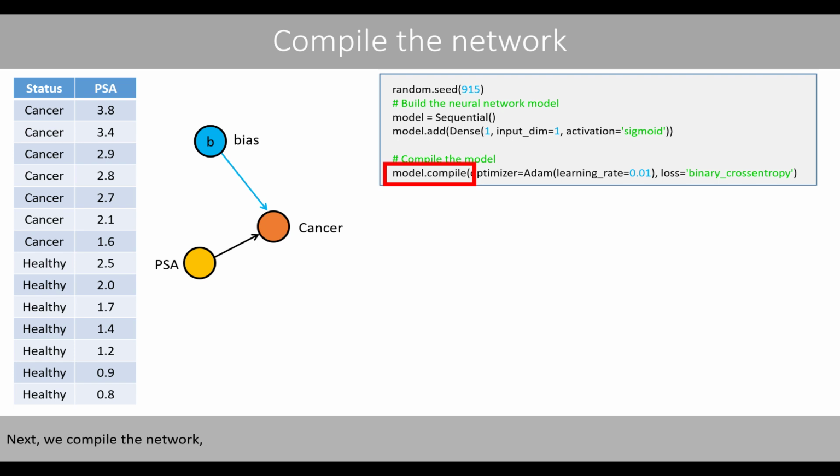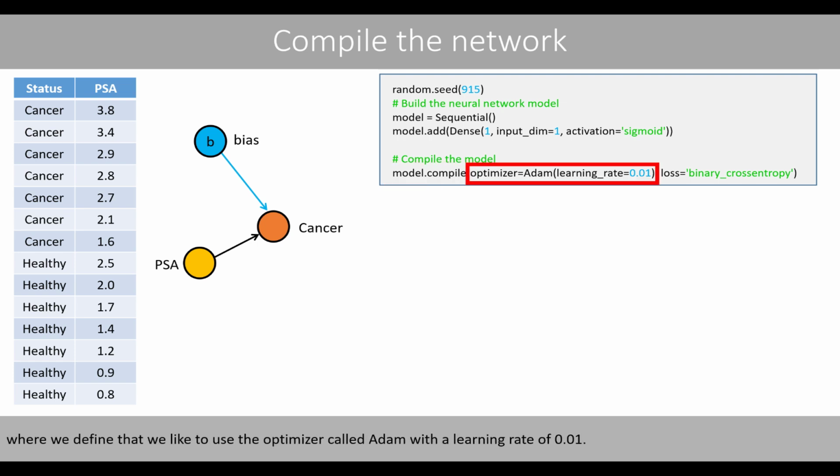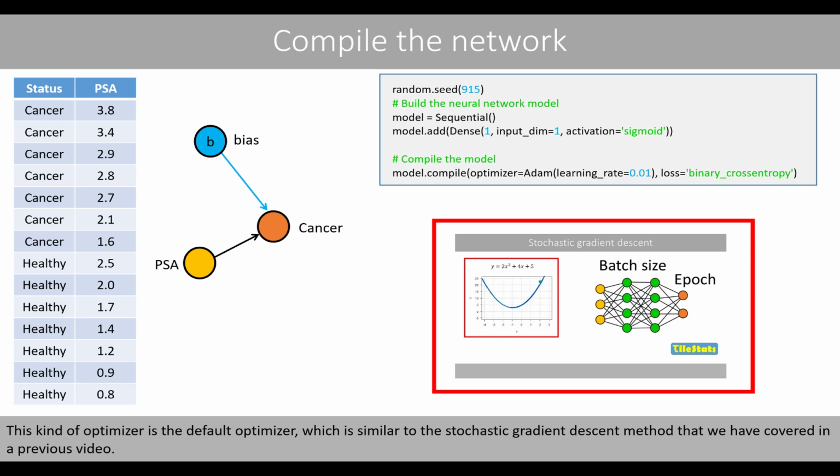Next, we compile the network, where we define that we like to use an optimizer called Adam with a learning rate of 0.01. This kind of optimizer is the default optimizer, which is similar to the stochastic gradient descent method that we have covered in a previous video.